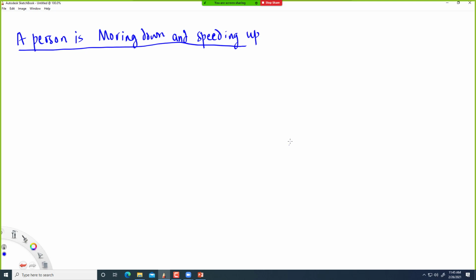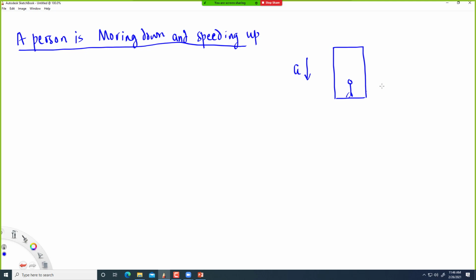Lighter. Okay. How do you know that? So yes, the acceleration would be down because velocity is down. Because it's speeding up, acceleration also must be down.